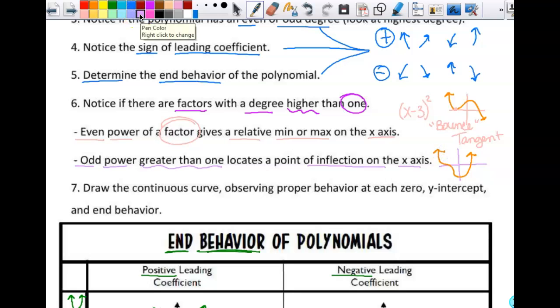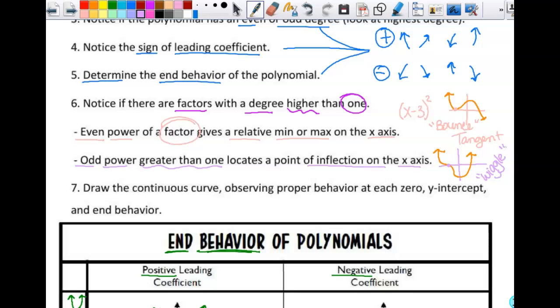This right here would be my point of inflection, which, graphically, is where your wiggle is. So we have a wiggle and a bounce, which is a point of inflection and tangency. When you're graphing, that's what happens. It just wiggles right there or it bounces off the axis.